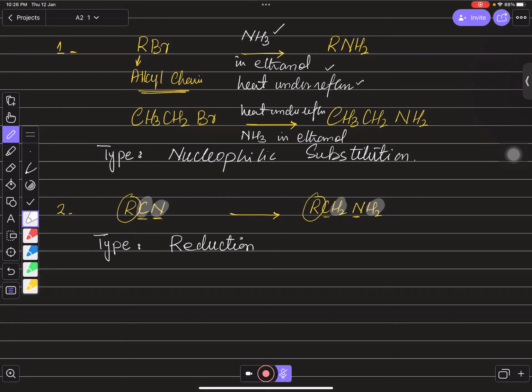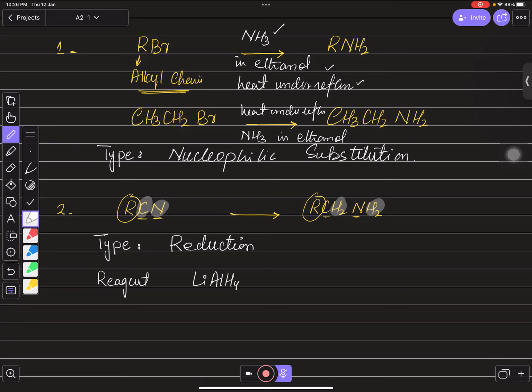And in the reduction processes, what we need to use, bacho, definitely a reducing agent. So what should be the best reducing agent that we can use? LiAlH4, sir. Yes, absolutely right. Lithium aluminum hydride.